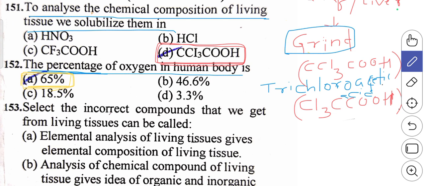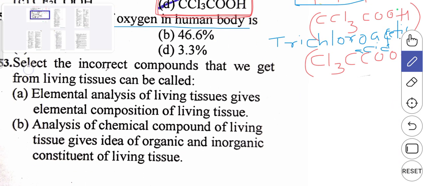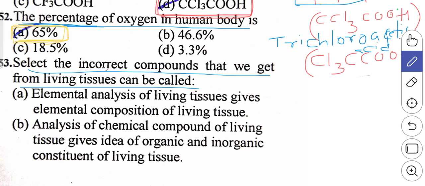The next question: select the incorrect statement about compounds that we get from living tissues. So you have to find the incorrect statement which is given in this question. This question is basically regarding the chemical analysis where we use a living tissue and add trichloroacetic acid, then we make a filter, then we will know the constituents.